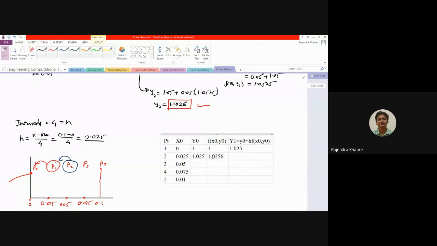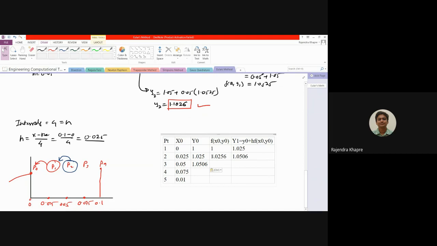Now using this you have to calculate the value of y1. So y1 will be y0, which is 1.025, plus h which is 0.025, times f of x0 y0, which is 1.0256. How much is this? 1.0506. So this same value will now come in the third point.